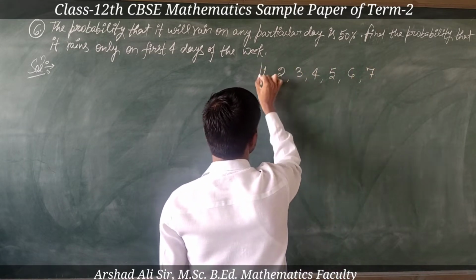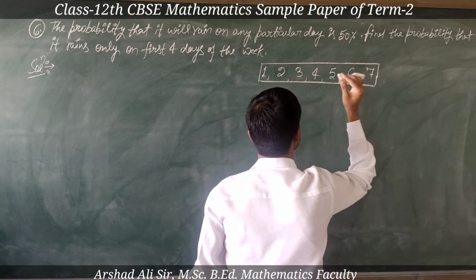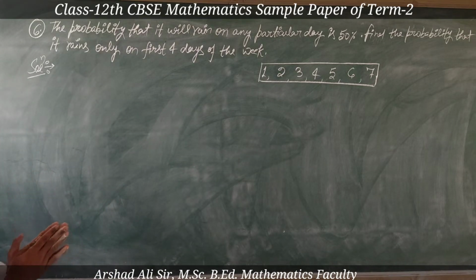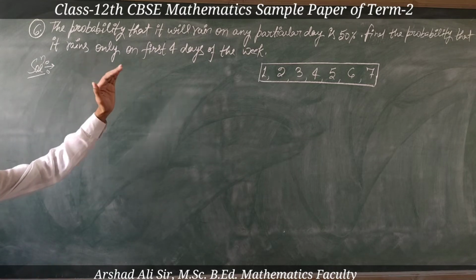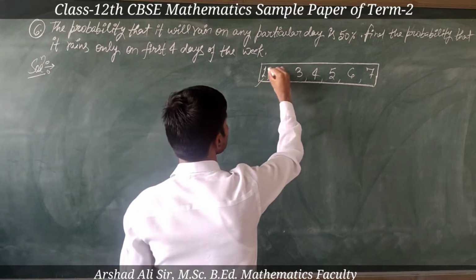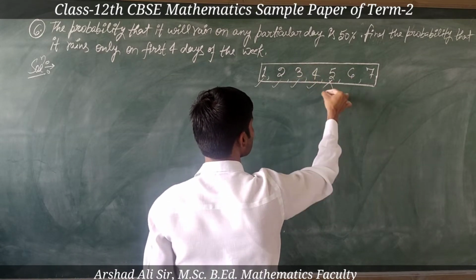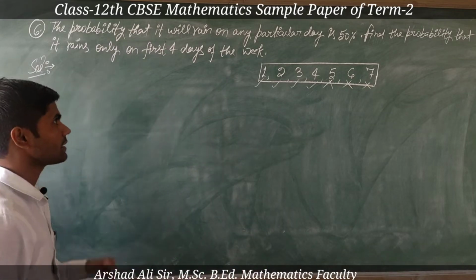We can write Sunday, Monday, or we can represent them by the numbers 1 to 7. We have to find the probability of rain on the first 4 days. Rain will come on the first 4 days, but on the 5th, 6th and 7th day there is no chance of rain.